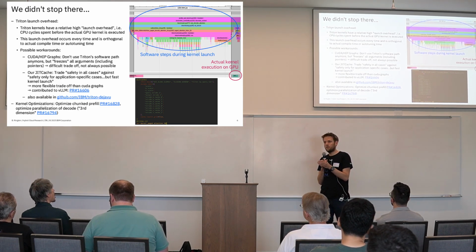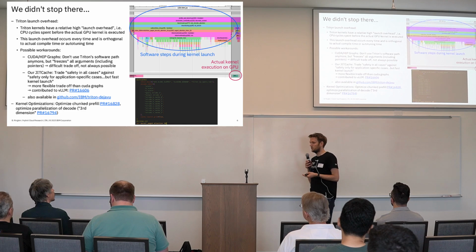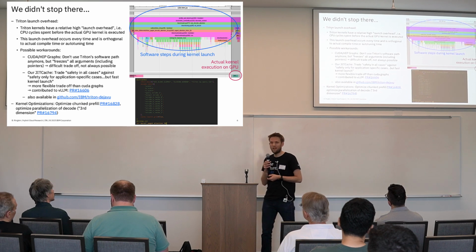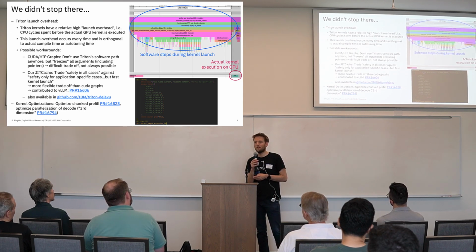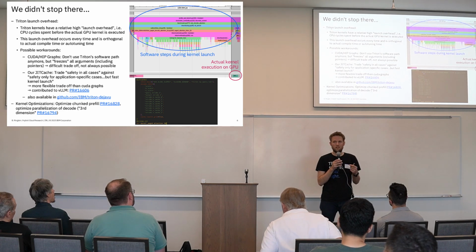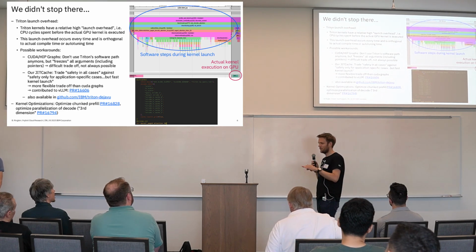So for the attention layer in vLLM, there are no CUDA graphs. We need to find another solution, and we need to cut through this launch overhead. That's why we created another cache, as caches have been mentioned a couple of times today. Application-specific circuits was my old PhD topic.